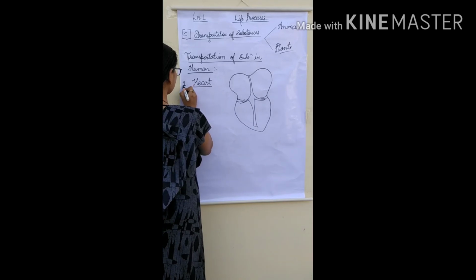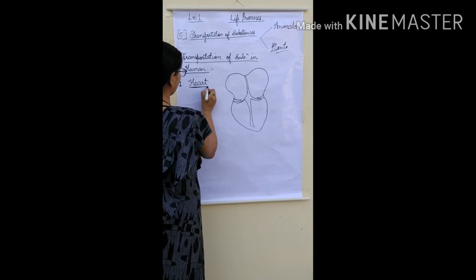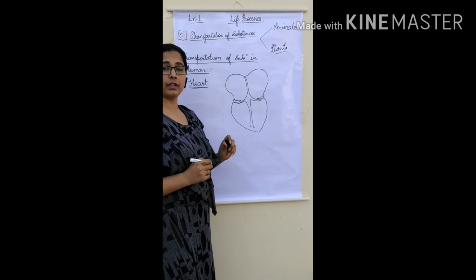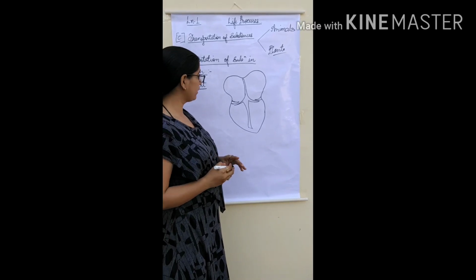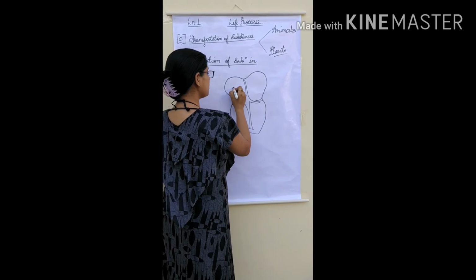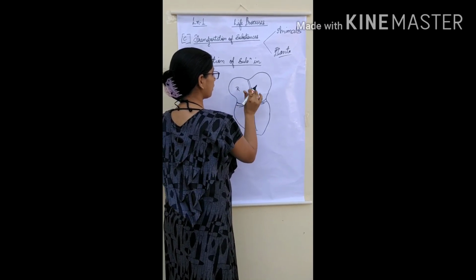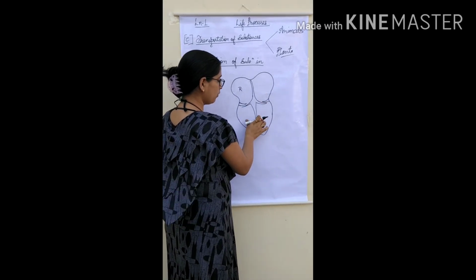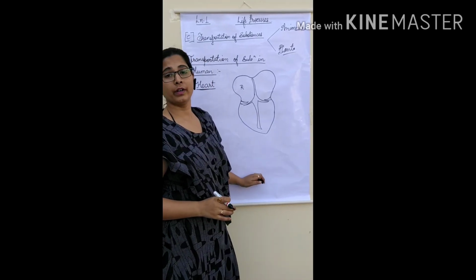First topic is heart. I told you that our heart is divided into four chambers. The first upper parts are called auricles and the lower parts are called ventricles.